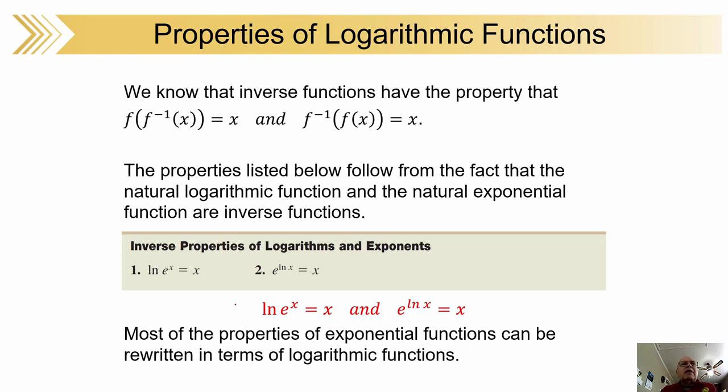You might find it handy, I'm not directly suggesting it, but it might prove handy if you just memorize this. These are doing the opposite. Natural logarithm and e to some power are opposites. They're inverse operations. You can do it both ways. Either way, you end up with the original number again. Keep that in mind.